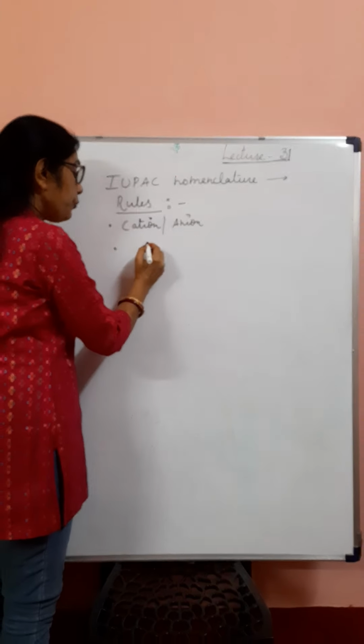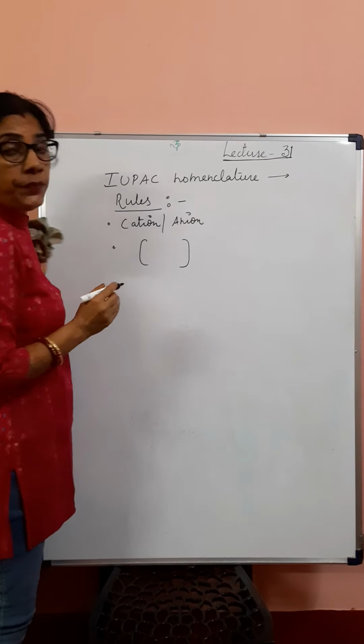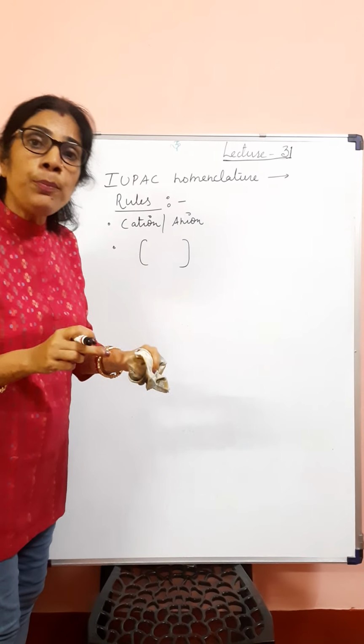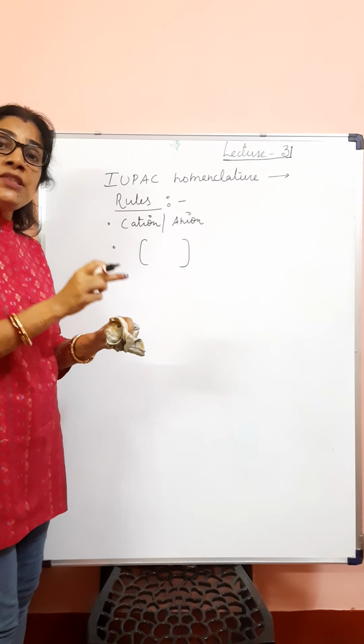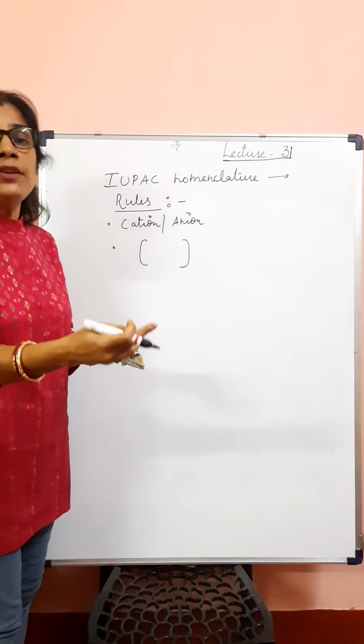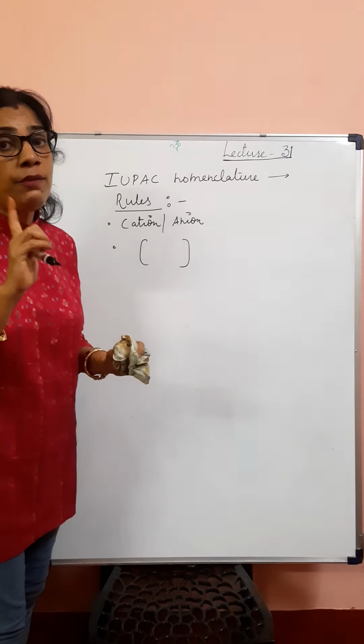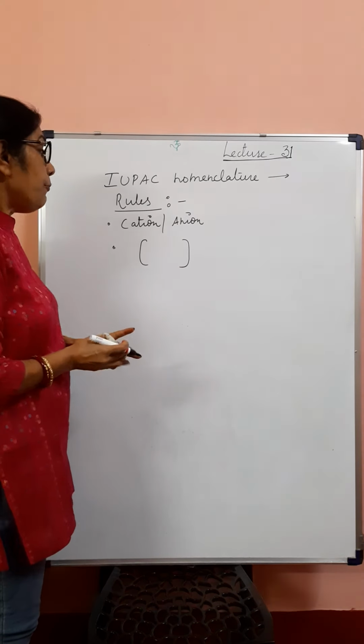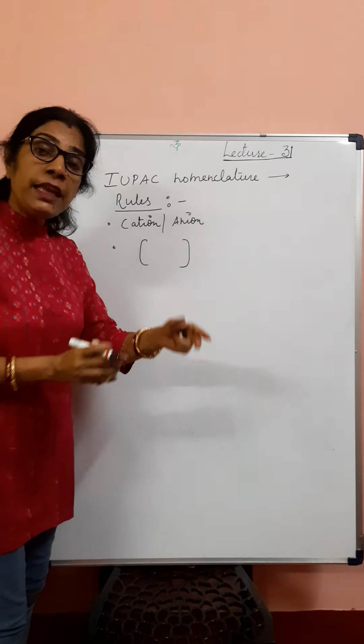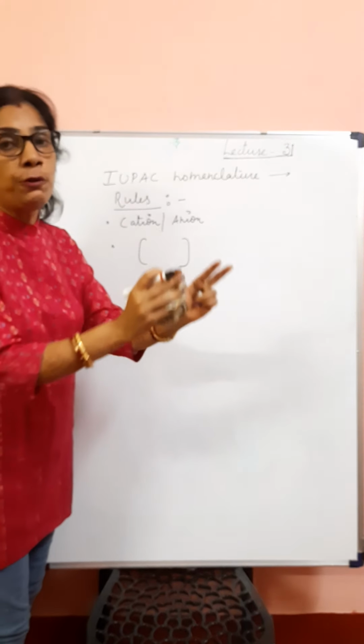Then in the coordination sphere, the ligands are to be named first, followed by the central atom, which is just the reverse as compared to formulation. Make a point of it. That's very, very important, because when we write the formula, we write the central atom first, followed by ligands.